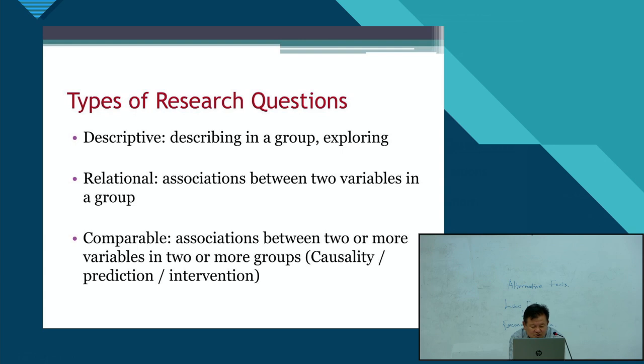The researchers make associations between three groups: for example, the over 4.5 group, a second group between 4.0 and 4.4, and a third group below 3.9.